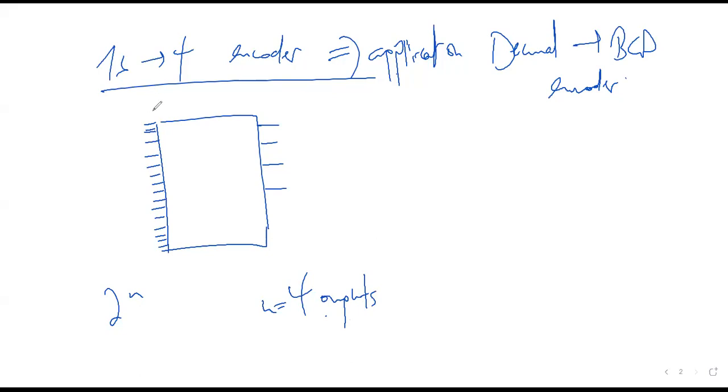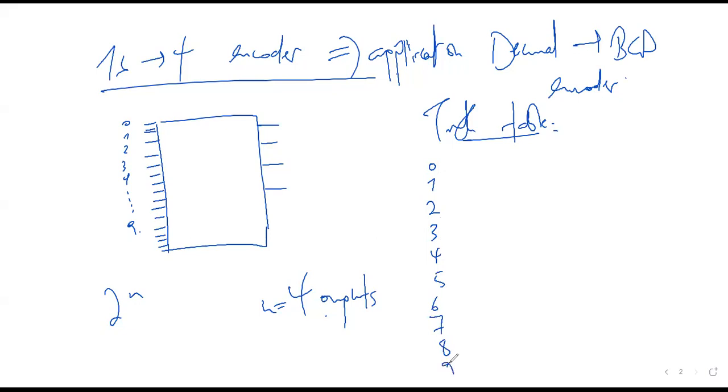If you want to make a decimal to BCD encoder, we now have our decimal numbers here: 0, 1, 2, 3, 4, up to 9. What will our output be? We go to the truth table. 0, 1, 2, 3, 4, 5, 6, 7, 8, 9.